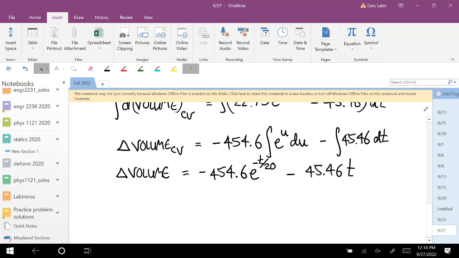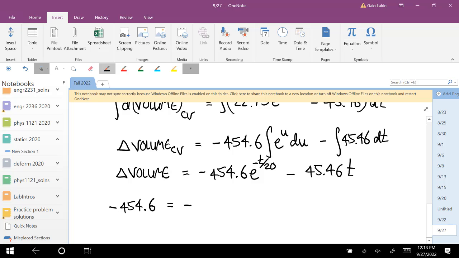Well, we are asking when this tank is going to be empty. So our final volume is going to be 0. Our starting volume is 454.6. So our change in volume is negative 454.6.